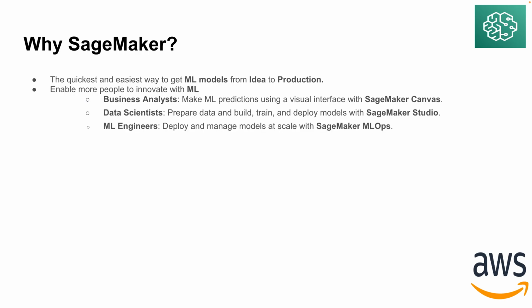If you're an ML engineer and you want to quickly deploy machine learning models, there is a separate component called SageMaker ML Ops that helps you to deploy a model at scale. So it helps people innovate, more people can come together to build machine learning models for real use of machine learning models.